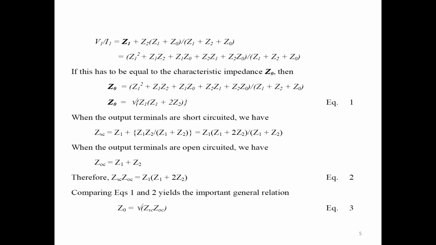Therefore, Z short circuit multiplied by Z open circuit will give you Z1 into Z1 plus 2Z2. That is equation 2. If we compare equations 1 and 2, it will yield an important general relation given as Z0 equals the square root of Z short circuit times Z open circuit. We call that equation 3.